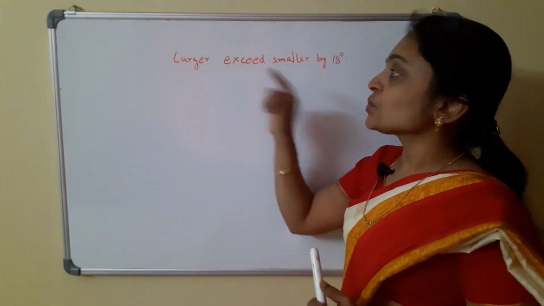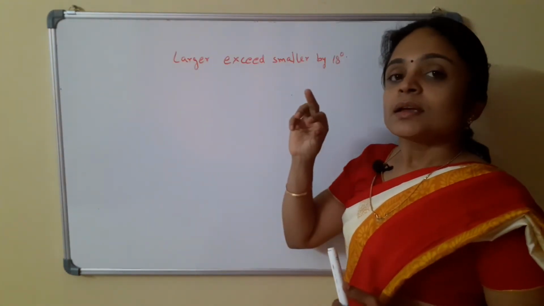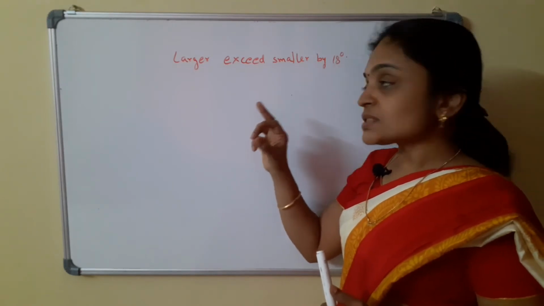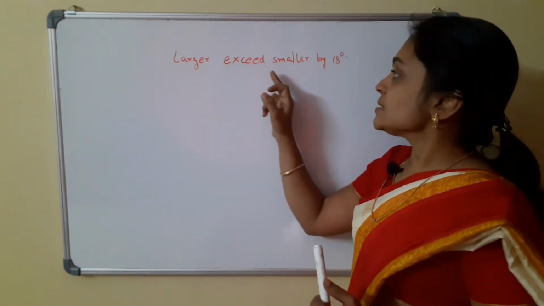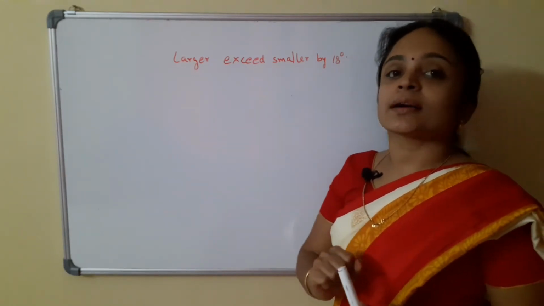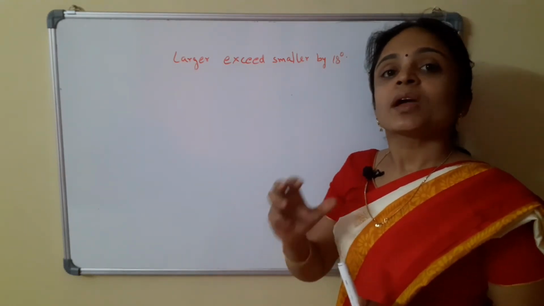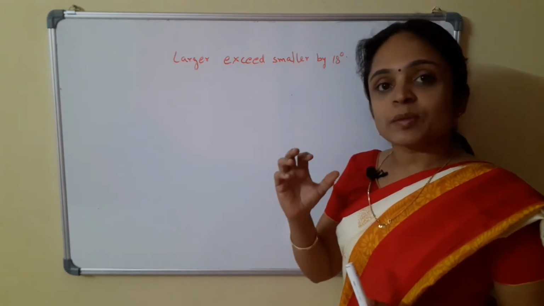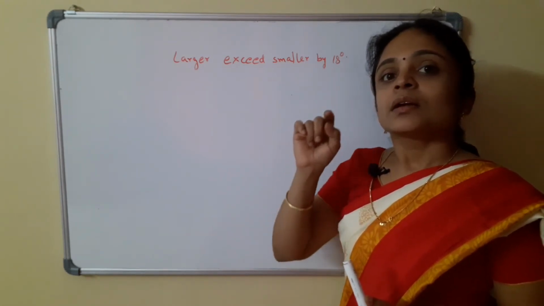Next question is about two supplementary angles. If in two supplementary angles, larger exceeds smaller by 18 degree, then what will be the two angles? That is the question. So, do you know what is meant by supplementary angle?